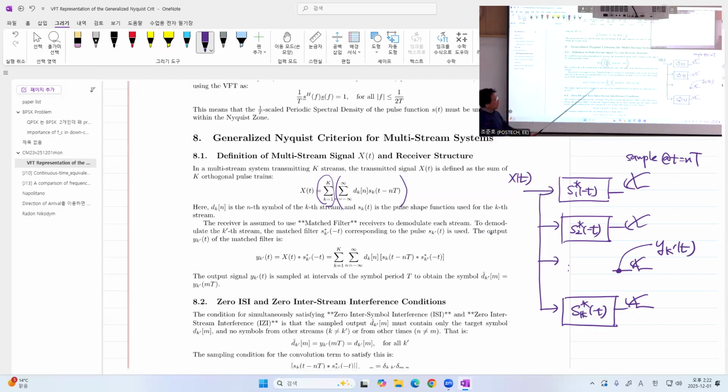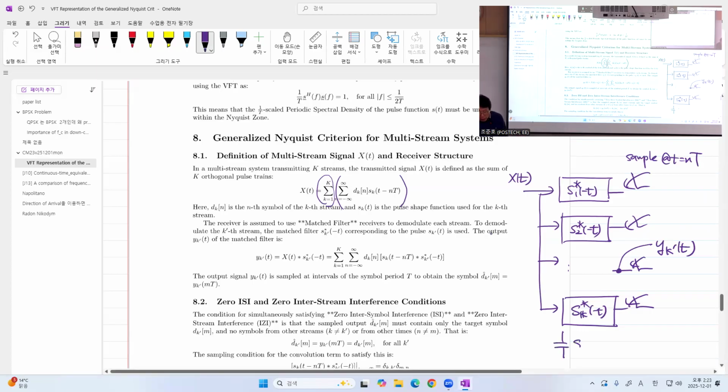And what we want here is only the data symbols of the k prime stream sampled without interstream interference and intersymbol interference. Got it? If we only have zero intersymbol interference, which means the square root Nyquist criterion, then what we need is the repetition of the previous Nyquist criterion for all k, right?